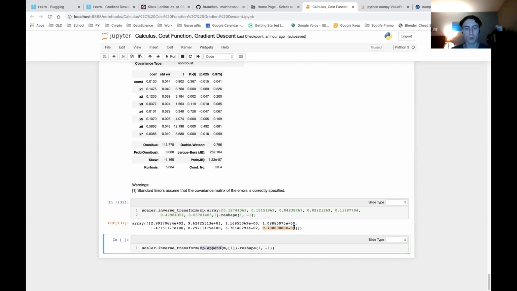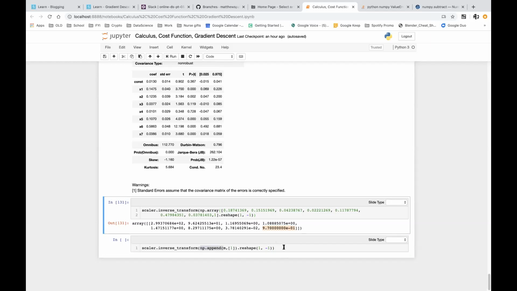So it just stayed as a 1 after the transform. Jacob's is pretty close to a 1. It should probably stay about a 1, because we're taking it to the scale of 0 to 1, so it should probably stay that way. I think it's basically what Jacob has here.